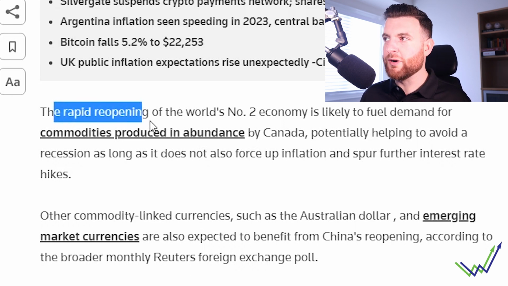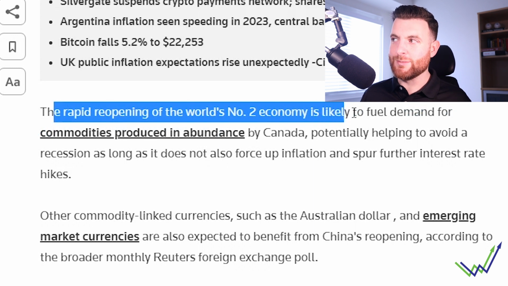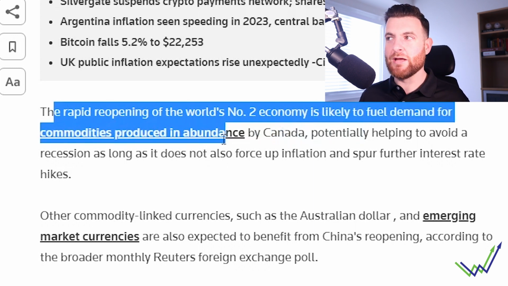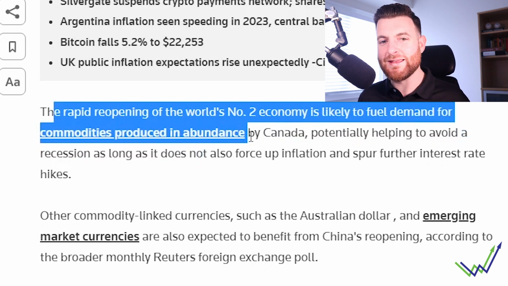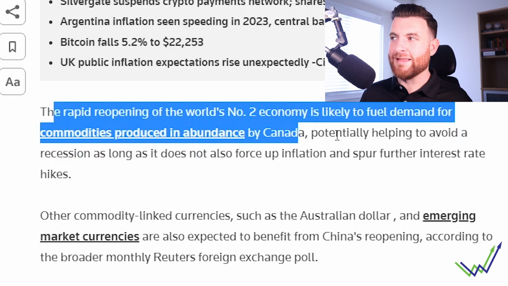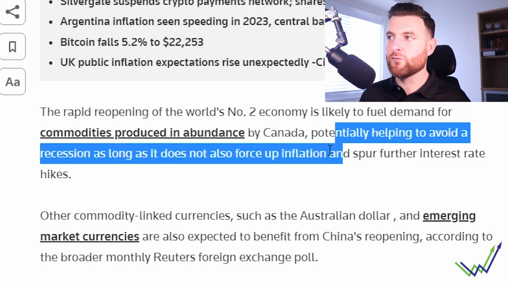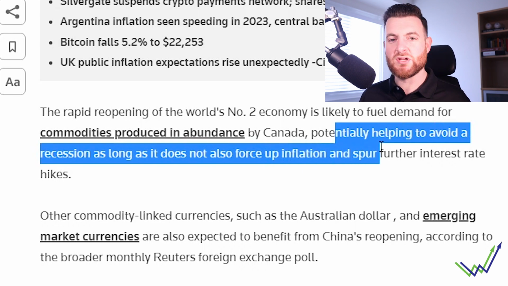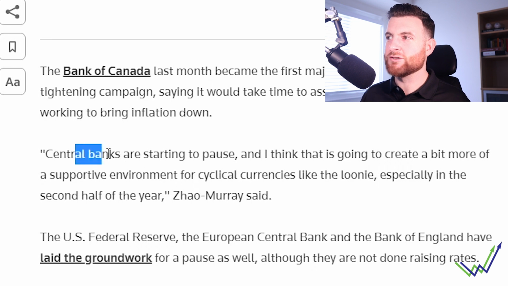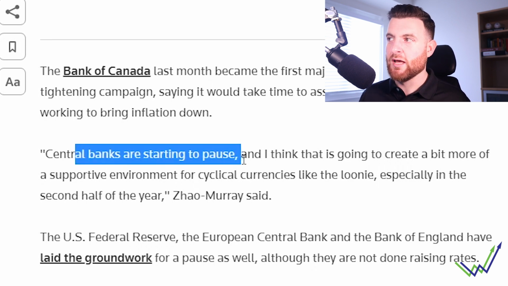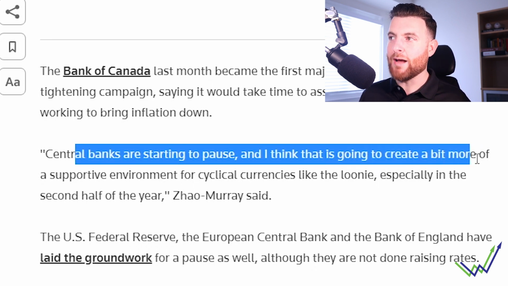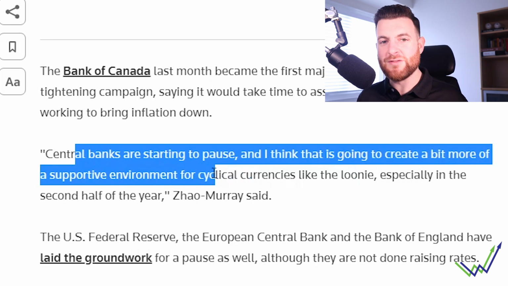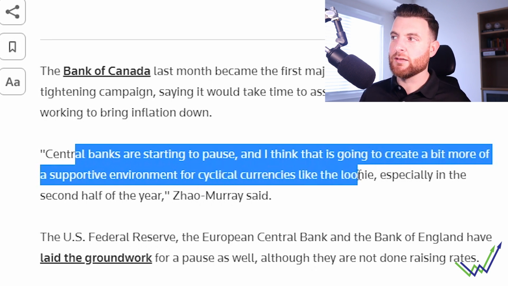The rapid reopening of the world's number two economy is likely to fuel demand for commodities produced in abundance by Canada. This will eventually help to avoid a recession, as long as it doesn't force inflation upwards, creating more interest rate hikes. The article goes on to say that central banks are starting to pause, and they think that it's going to create a more supportive economy for cyclical currencies like the loonie.